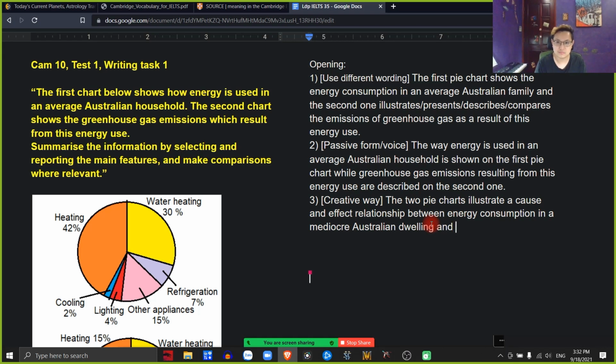and the greenhouse gas and the emissions of greenhouse gas resulting, so I can use, let's just say, as a result.